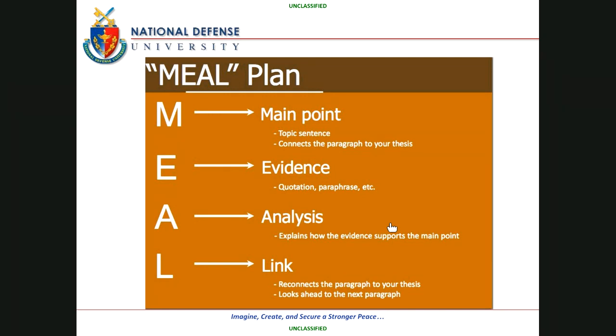You're giving me evidence, but where's the analysis, right? Your analysis is your reasoning. This is where you put your own original thought into the analysis. And then, as some of you mentioned, the close is where you link it to the next paragraph. Look ahead to the next paragraph.